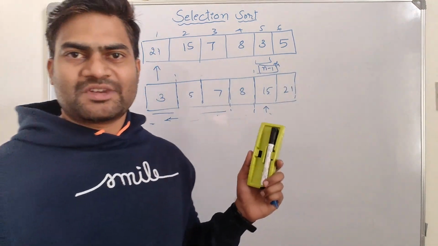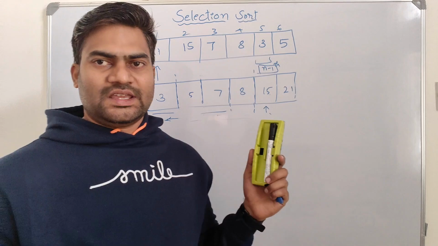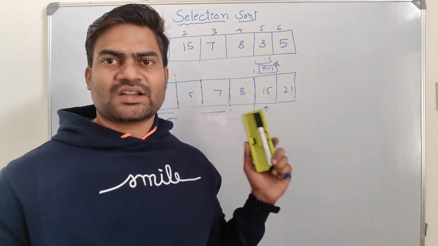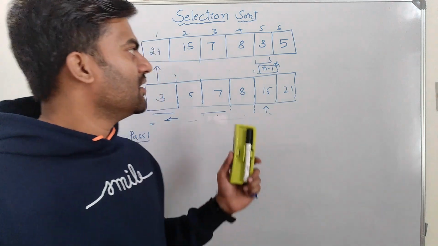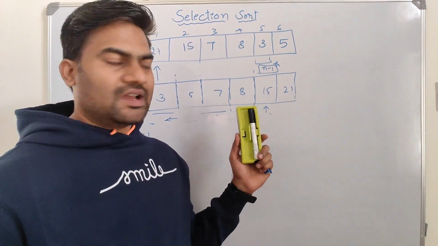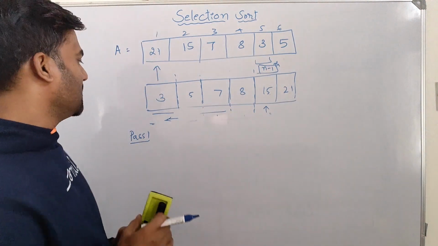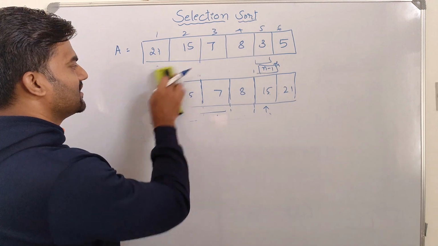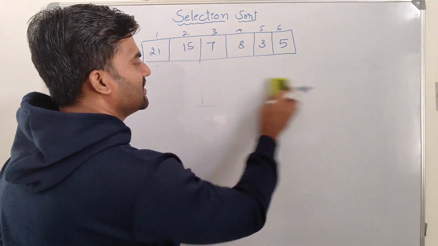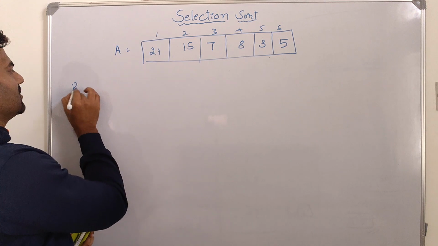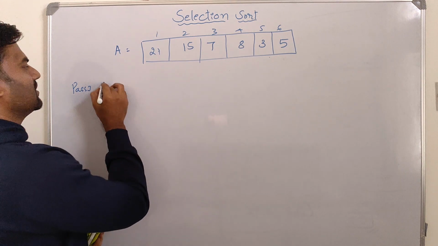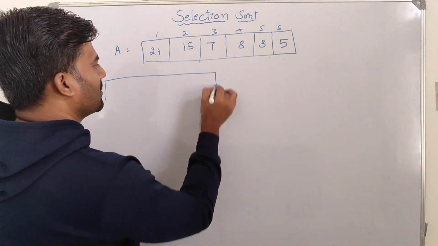So basically we involve n minus 1 passes to sort this entire array. That's how this sorting works. Now let us try to understand this pass wise. Assume this is our pass 1 and this is our input.